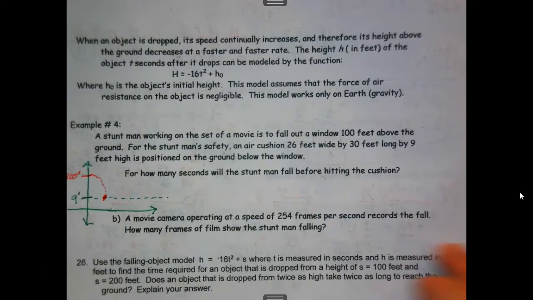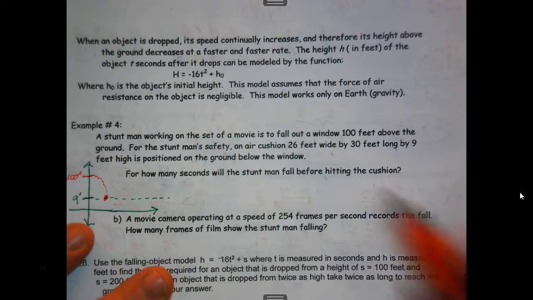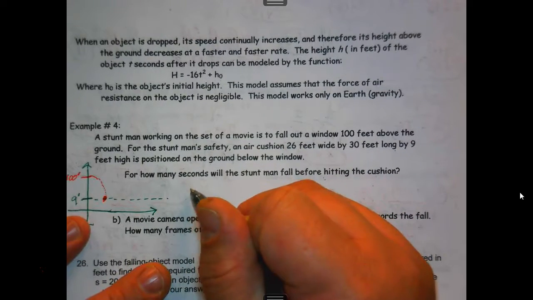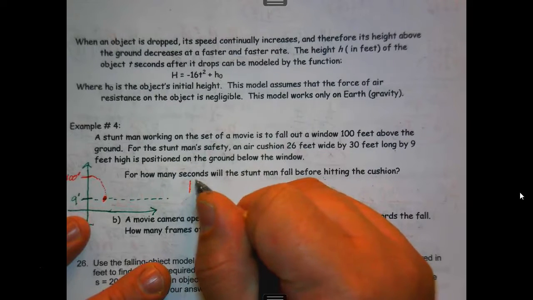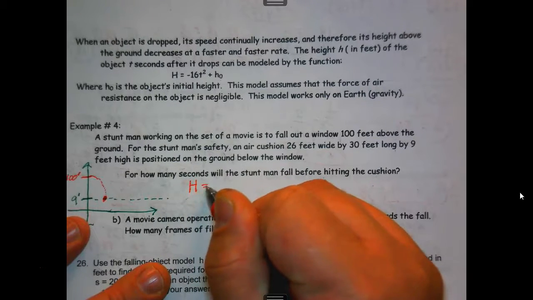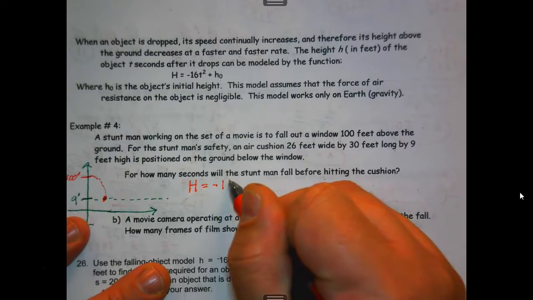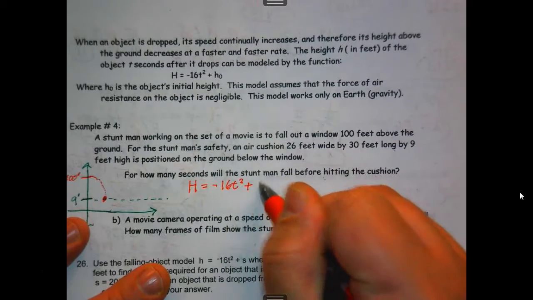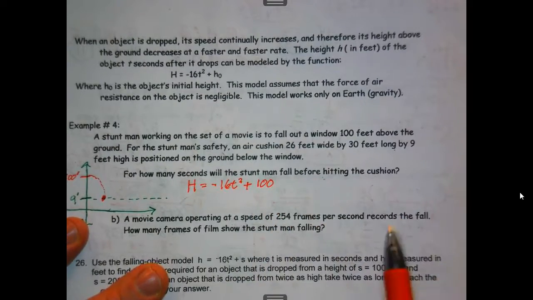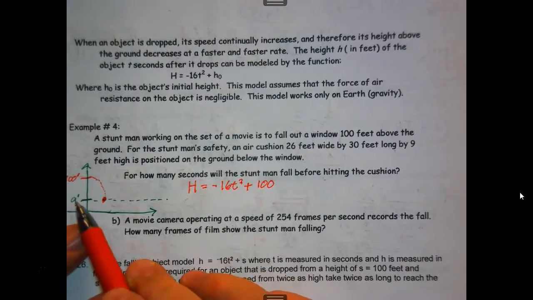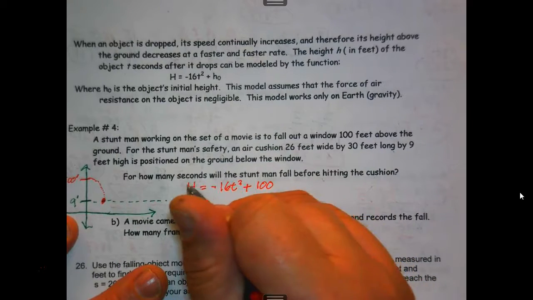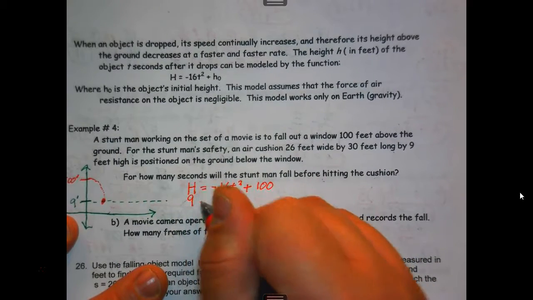Okay, so we're supposed to use, let's see, my height equals negative 16 t squared plus my initial height, 100. And we need a height of 9 feet, right? It's not 0. So I'm going to replace this with 9.